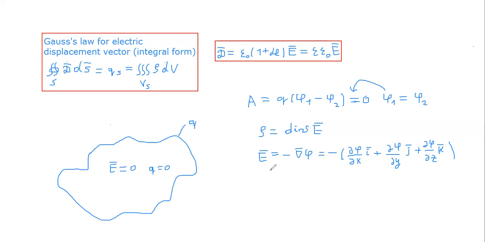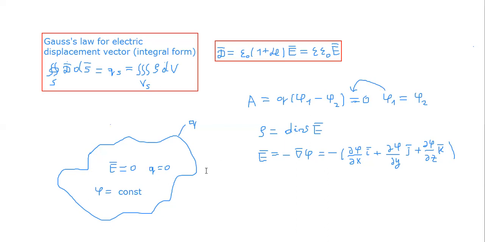But electric field intensity is equal to 0. And if the derivative is equal to 0, the function is constant. So phi, the electric potential, is equal to constant inside the conductor.